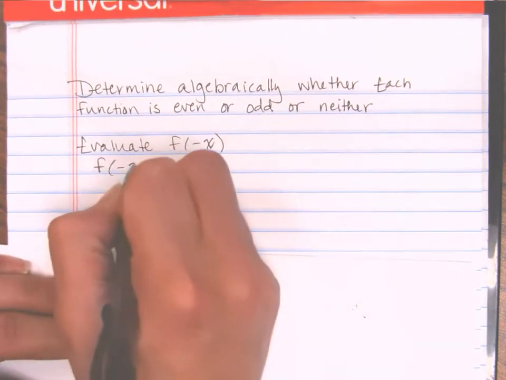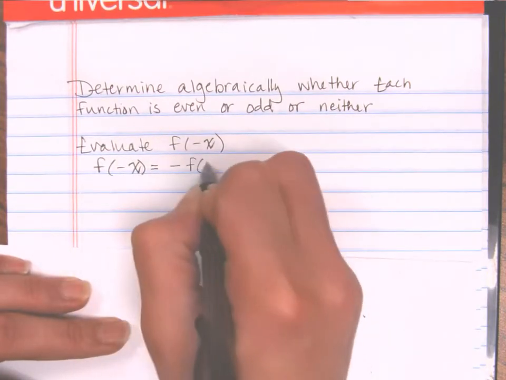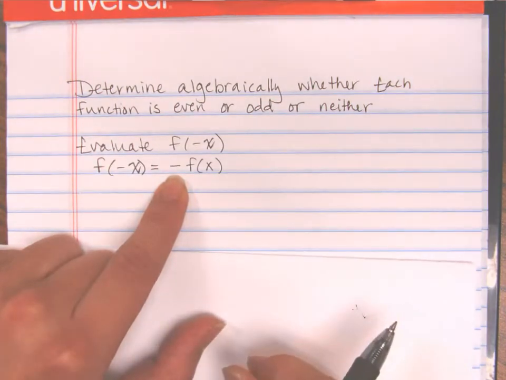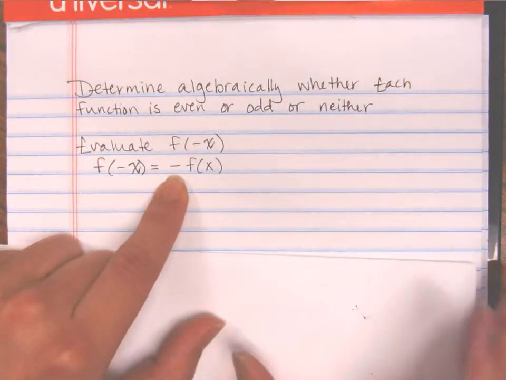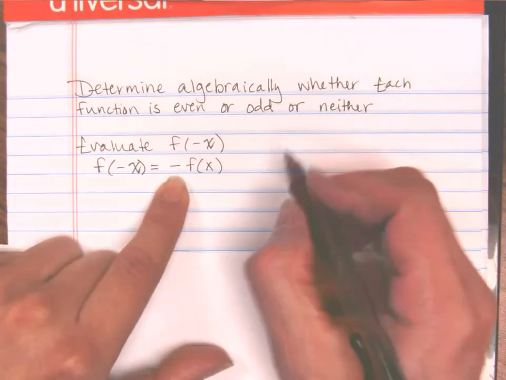If f of negative x is equal to f of x being negative, so everything's the same except my signs have all changed, then we call this odd.